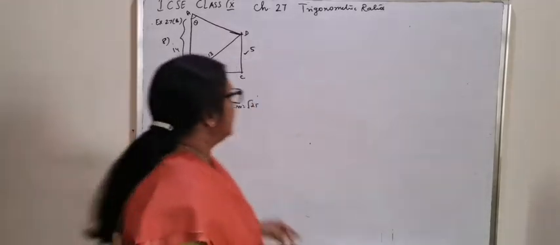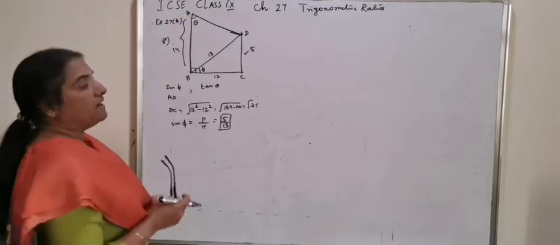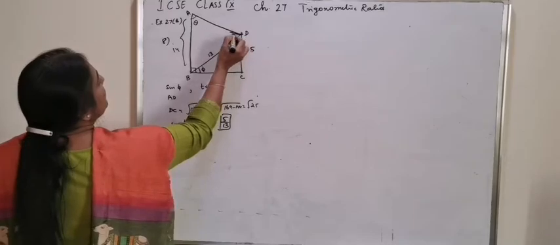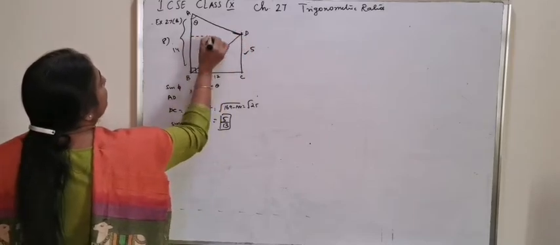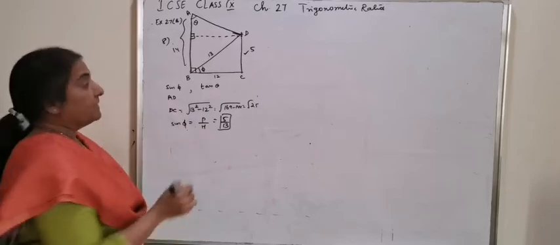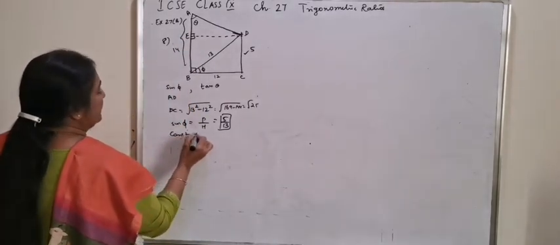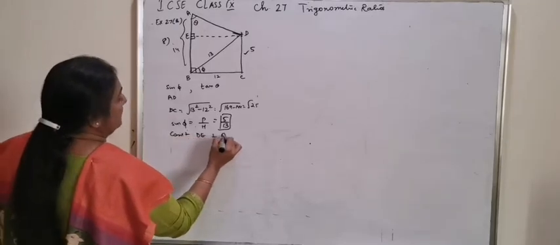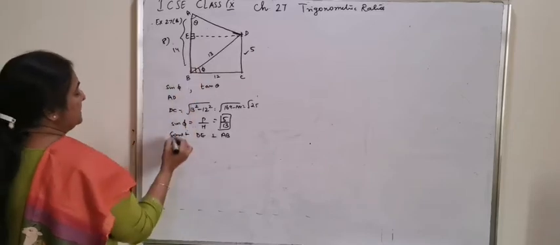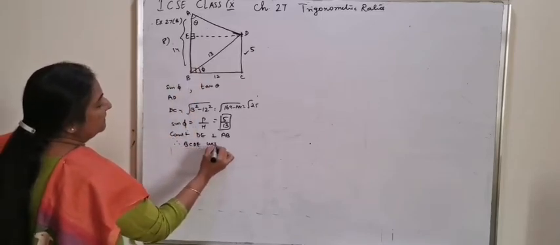Now, when you see theta's position here, for tan theta you have to make a perpendicular through D. That means you have to construct DE perpendicular to AB. Immediately BCDE will be a rectangle.